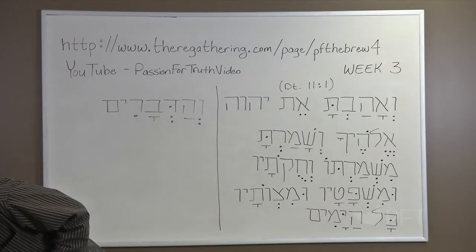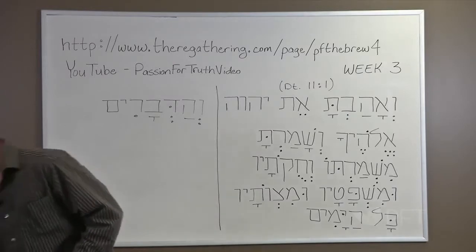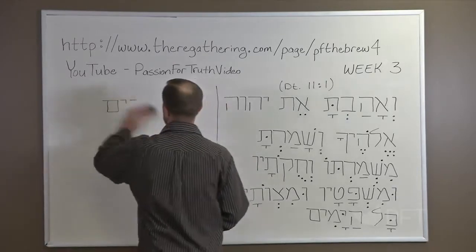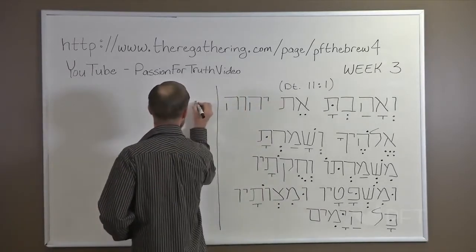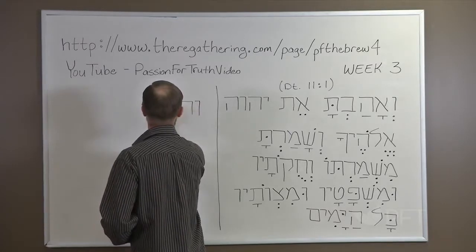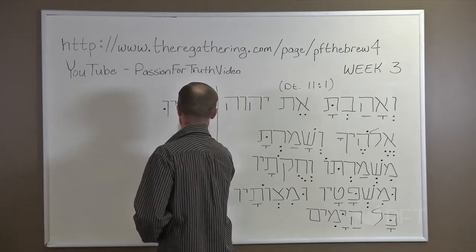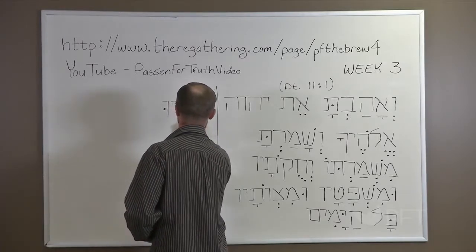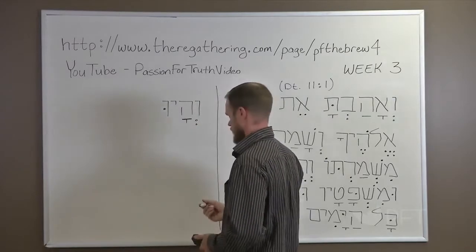Did I miss a word? Yeah, it's the haya. Oh, I'm sorry, I totally missed a word. The hayu hadvarim. Thank you. That didn't look right to me, but I'm just going off memory here. I know 4 and 5 pretty well. But okay, v'hayu. These words.